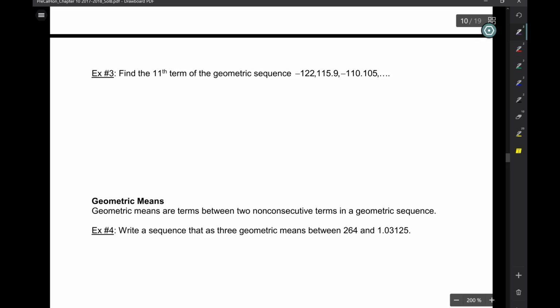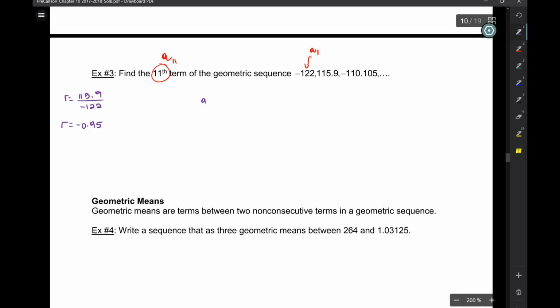Okay, so 11th term, so far pretty boring. We need to find A11. This is A1. Well, what's R? R is 115.9 over negative 122. Yes, they're not all going to be cute little integers, and that's just fine. R, it turns out, is 0.95. Okay?